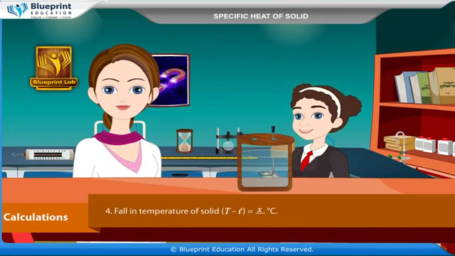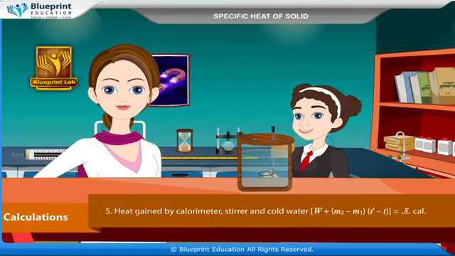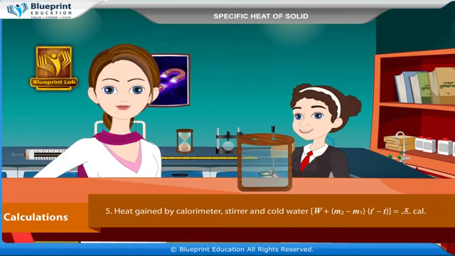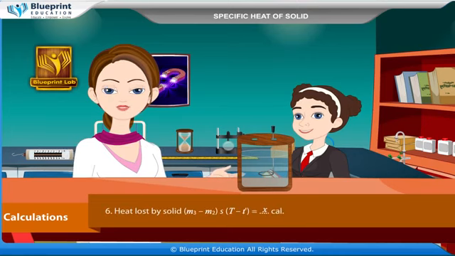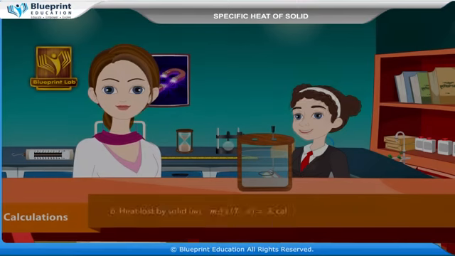Fall in temperature of solid, T minus t dash, is equal to X degrees Celsius. Heat gained by calorimeter, stirrer and cold water, W plus M2 minus M1, into t dash minus t, is equal to X calorie. Heat lost by solid, M3 minus M2, S, T minus t dash, is equal to X calorie.